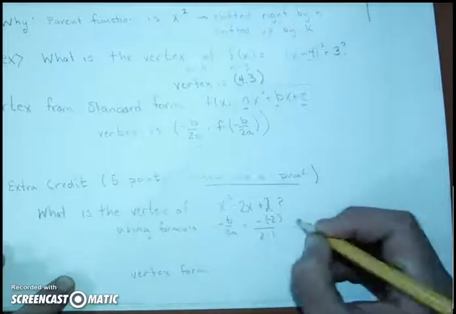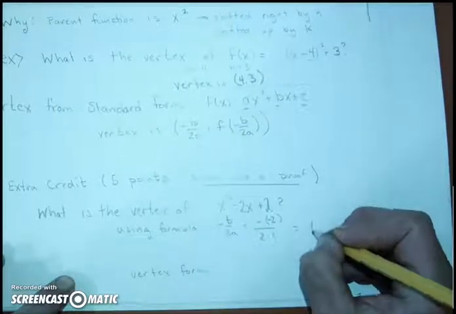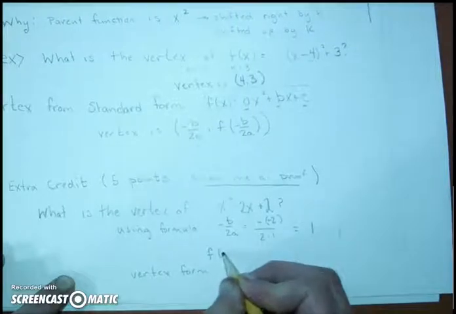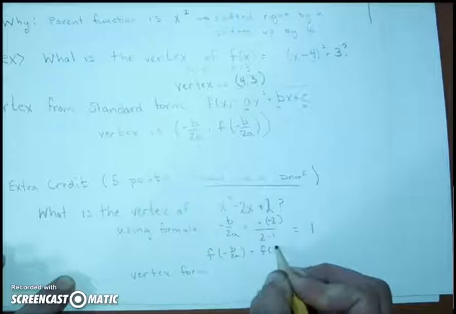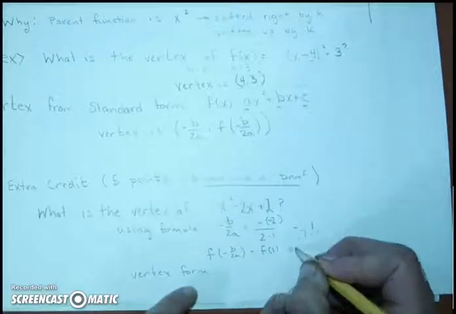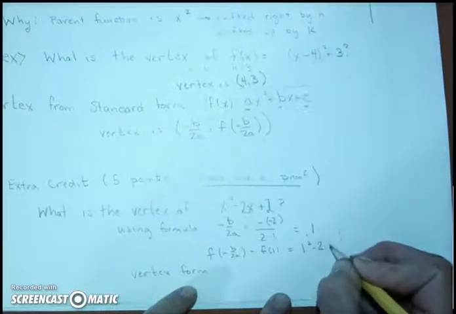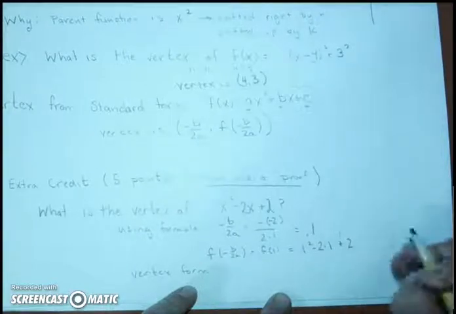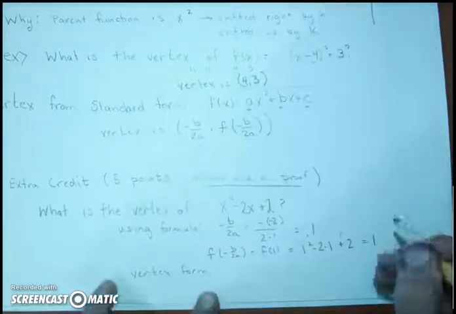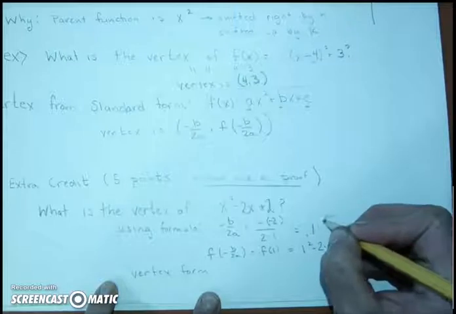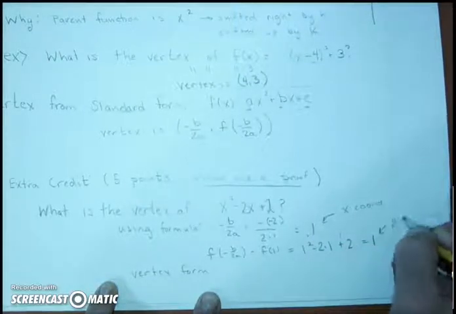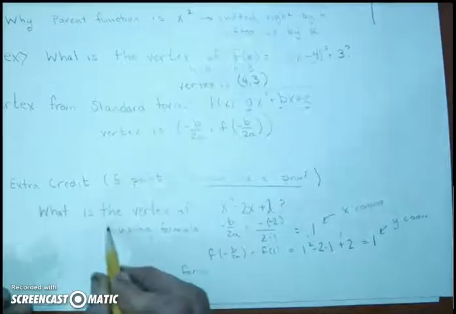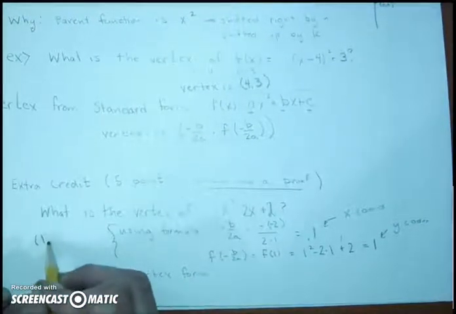So what does this end up being? 2 over 2, which is just 1. Then f of negative b over 2a is just f of 1. I plug this in, and so I get 1 squared minus 2 times 1 plus 2, and that ends up being 1. So this tells me the x coordinate, and this tells me the y coordinate. So together, that tells me the vertex is 1, 1.